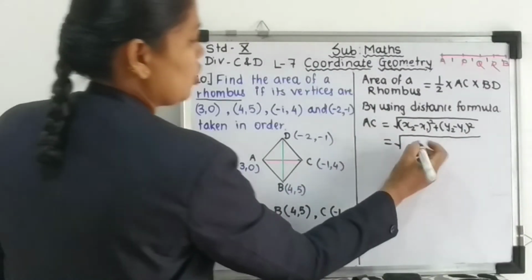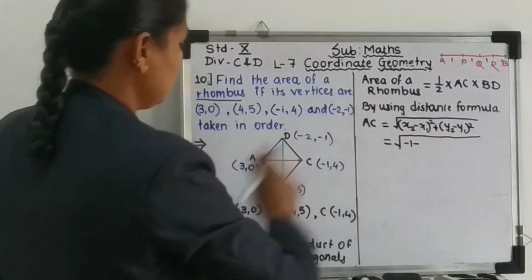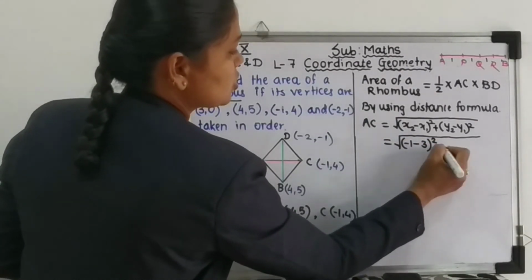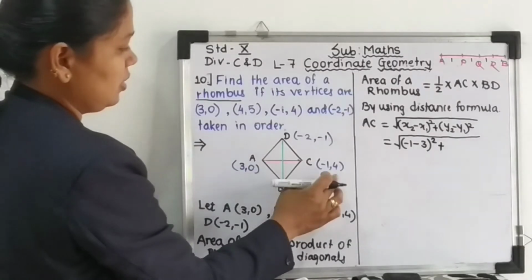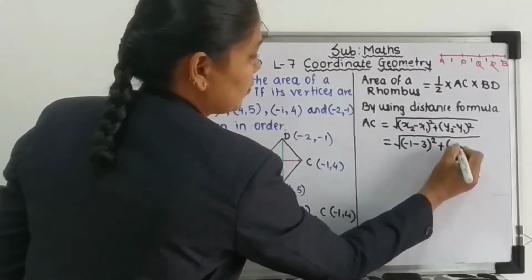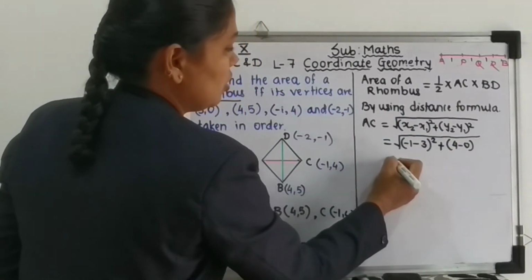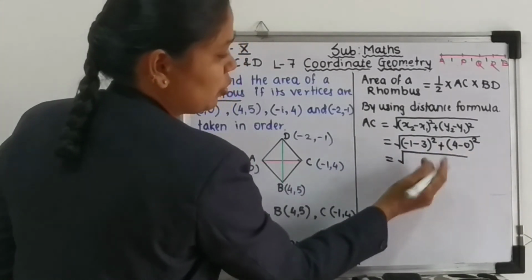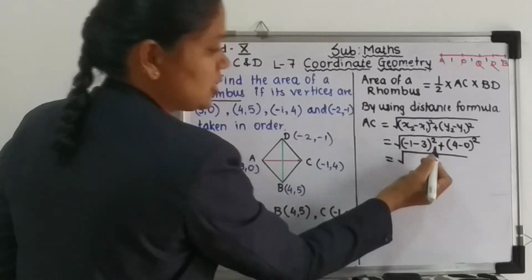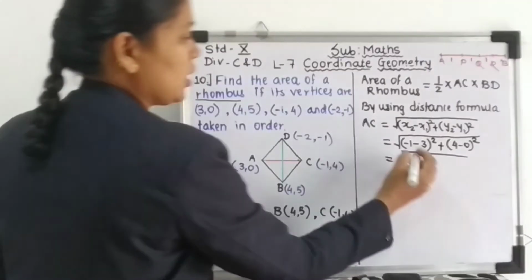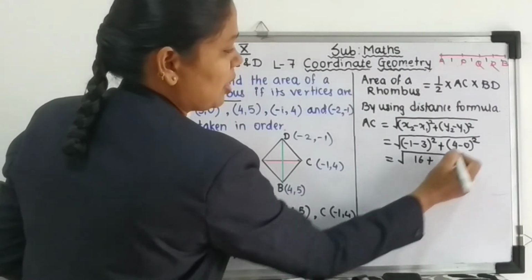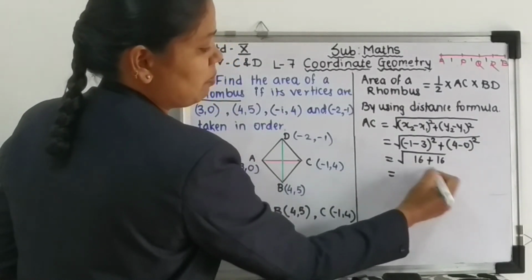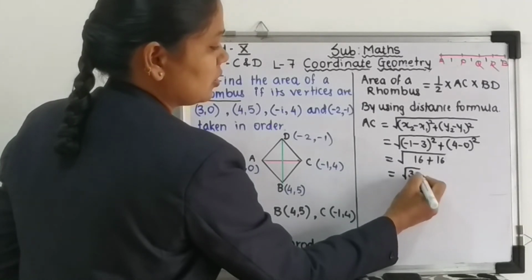So x2 is minus 1, minus A's x1, which is 3, bracket square, plus y2 minus y1, so 4 minus 0, bracket square. Now see, we will do directly. Minus 1 minus 3 is minus 4, and minus 4's square is 16, plus 4's square is 16. So 16 plus 16 is 32.